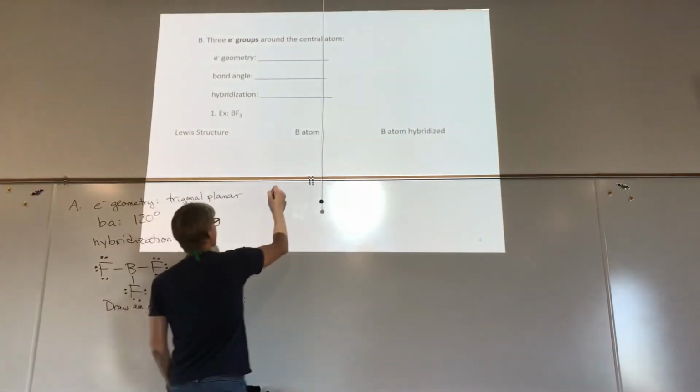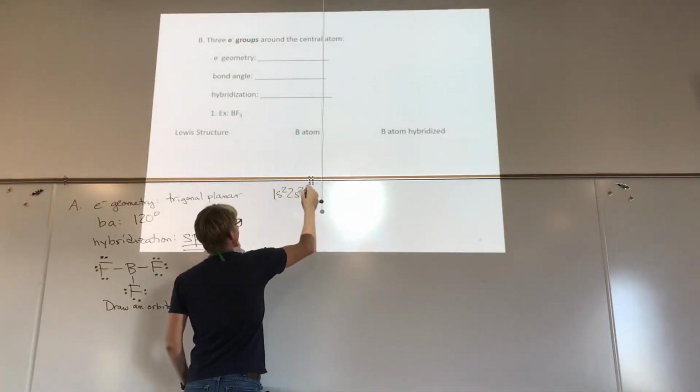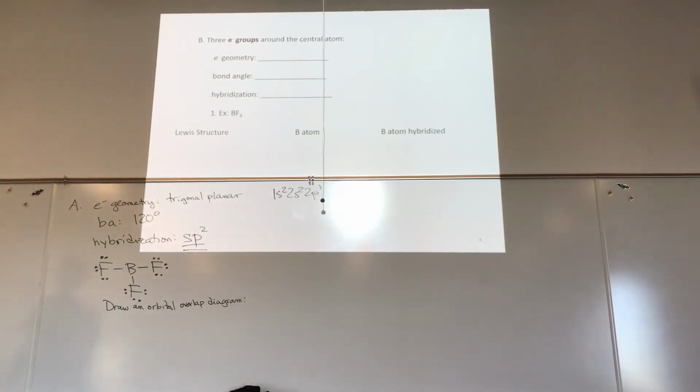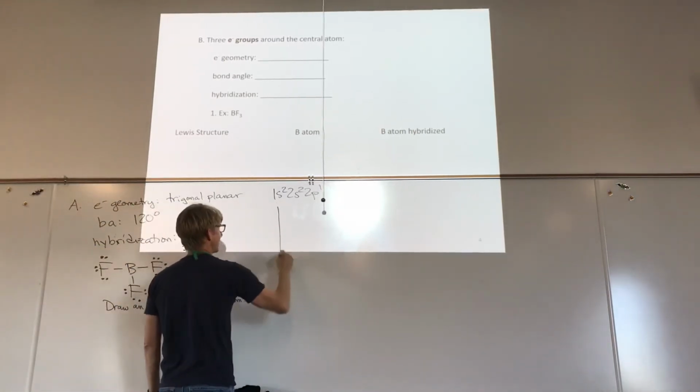Boron atom: 1s2, 2s2, 2p1. That's a total of 5 electrons. Draw the orbital energy diagram again.